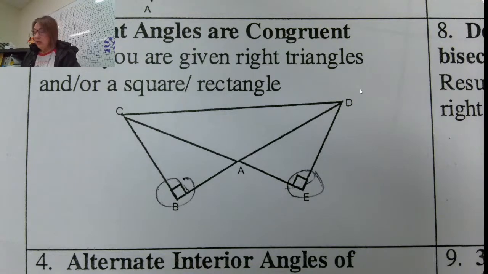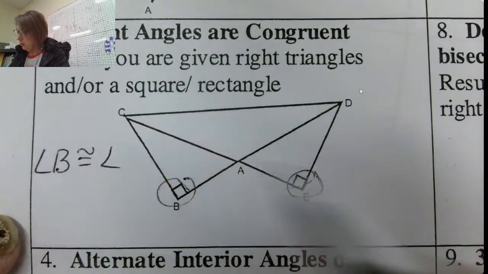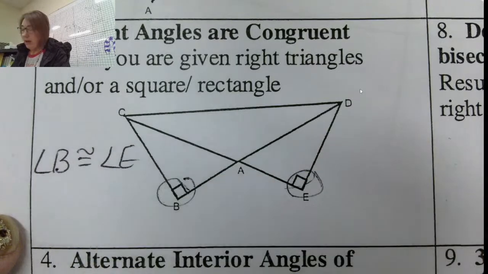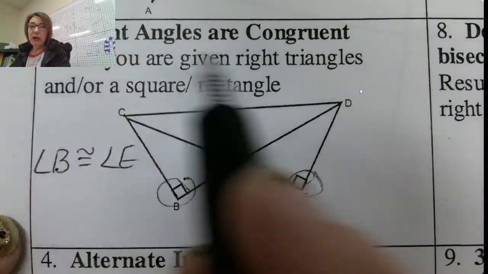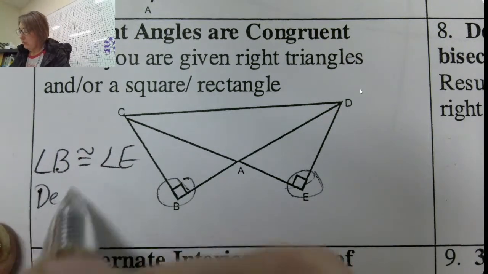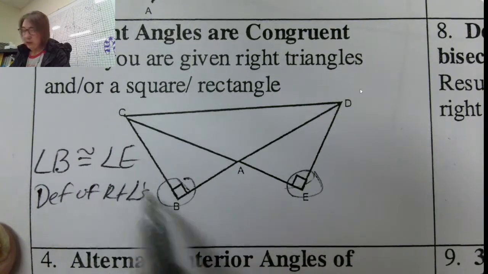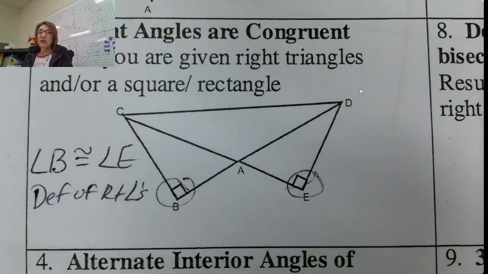They're congruent. So we could say angle B is congruent to angle E. How do we know? Because right angles are congruent. You could say definition of right angles if you wanted to. I'm abbreviating just to make it faster, and you can abbreviate. I'm okay with that.